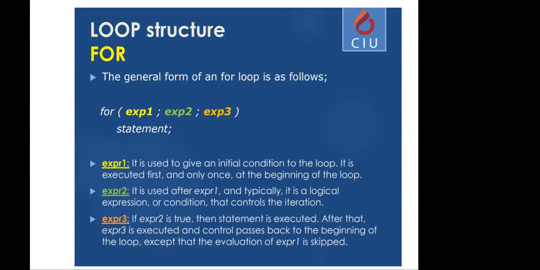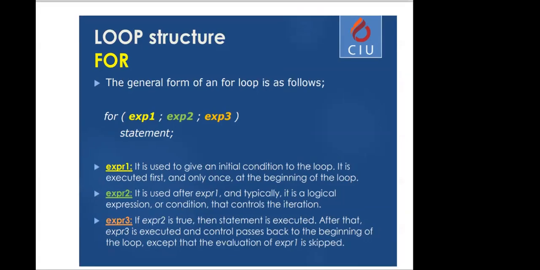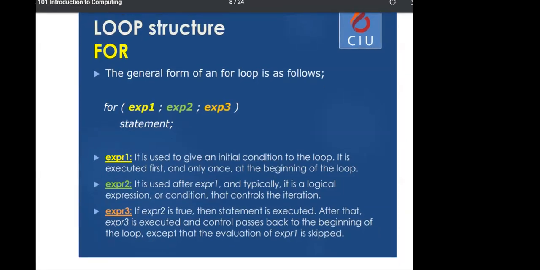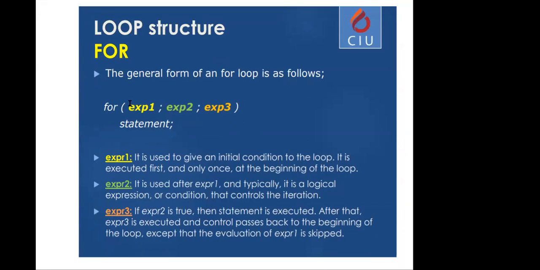The for loop is the most popular loop that you will come across. Okay? This is the most common loop structure that you will come across in any type of programming. The reason is that it is a very compact loop, meaning the expressions that go inside the for loop are all in one line, so it's very easy to follow.